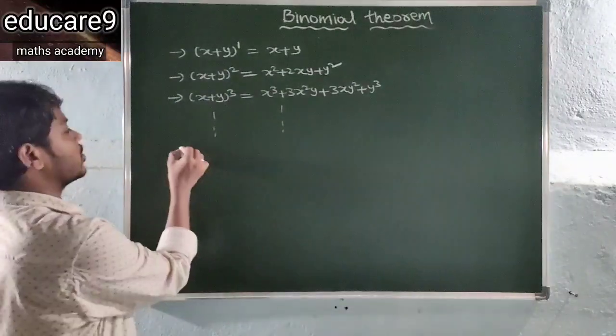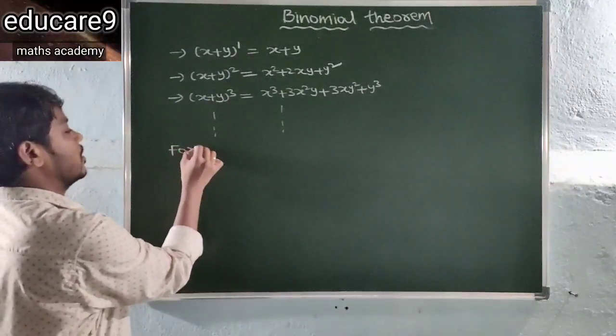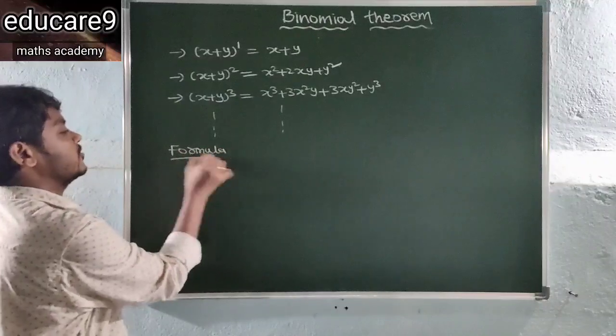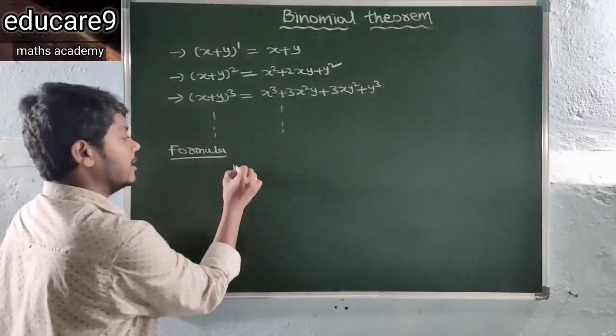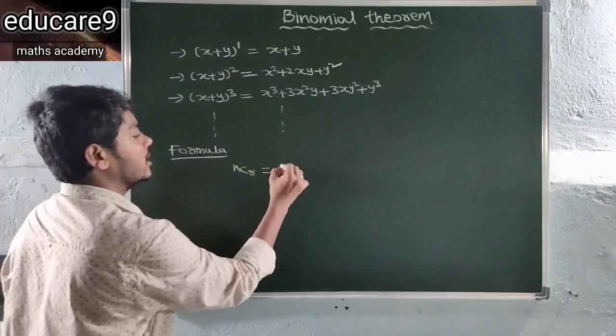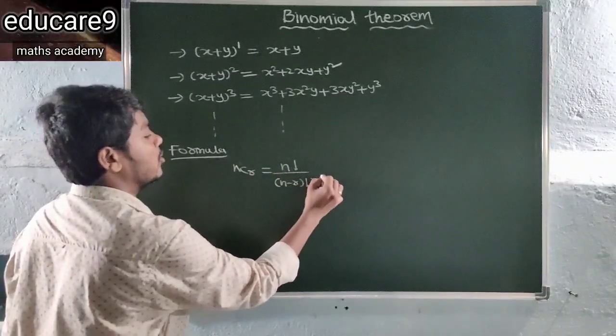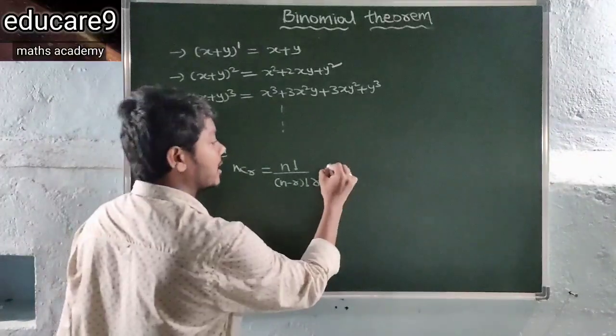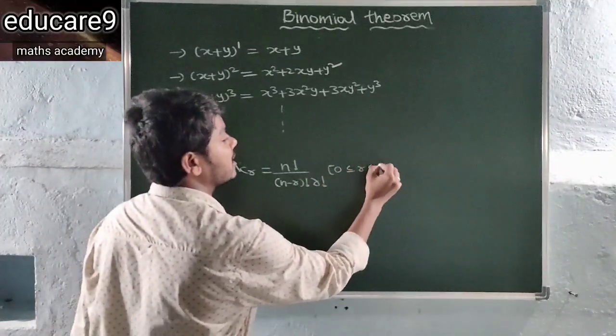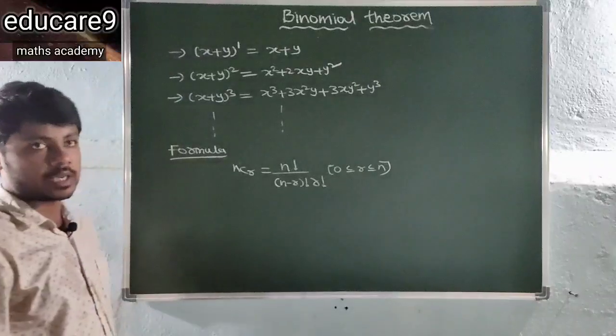So here next one formula is there. So you have to remember this formula, that is nCr is equals to n factorial by n minus r factorial into r factorial. So here 0 less than or equal to r less than or equals to n. Okay.